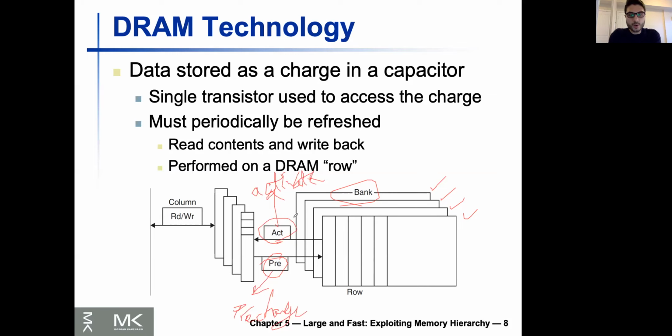This causes the row to transfer into a buffer inside your RAM. That buffer would send that row back towards the processor to read it, or towards the higher level, which is the lowest level of cache.